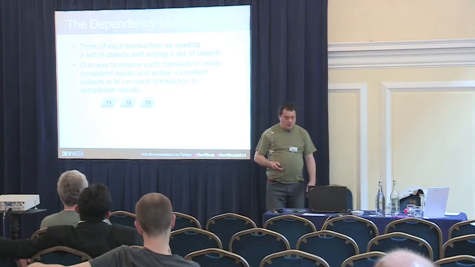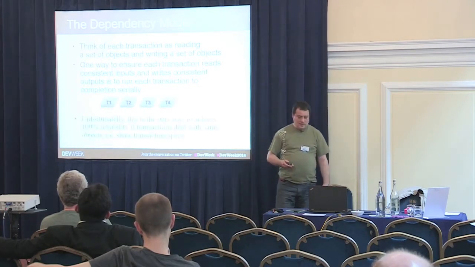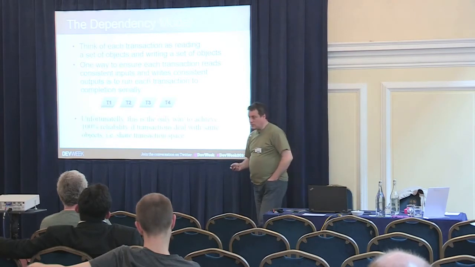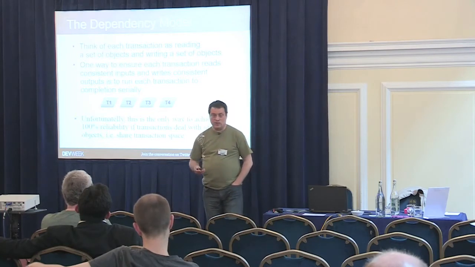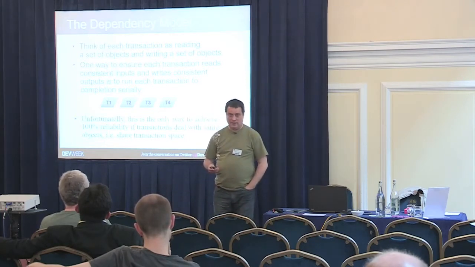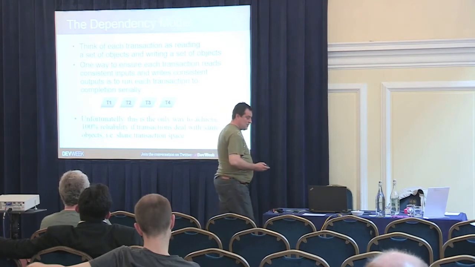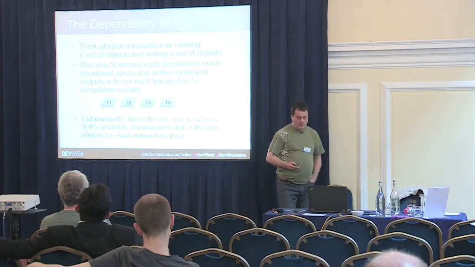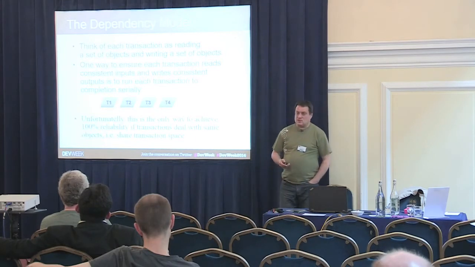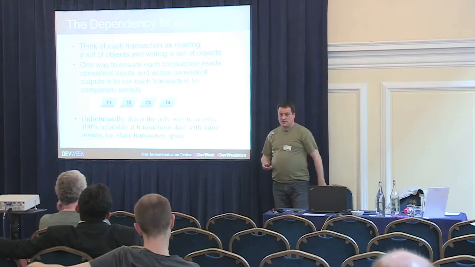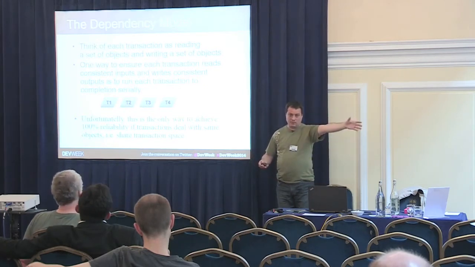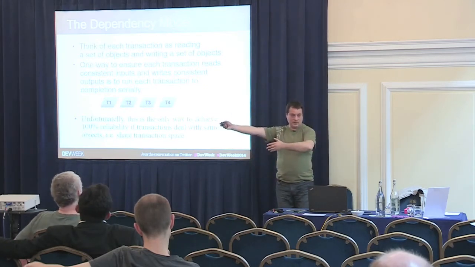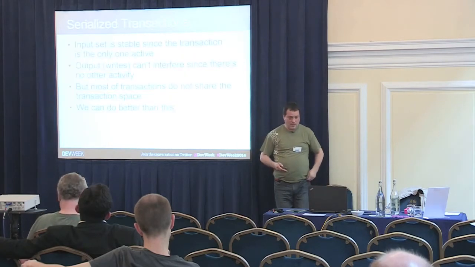First one, then second, then third, then fourth, etc. Unfortunately, this is kind of the only way to achieve 100% consistency, with no bad dependency at all: to run transactions serially. Of course, this means serially on the same objects. We can have parallel transactions if one is dealing with one part of the database and another with the other part.